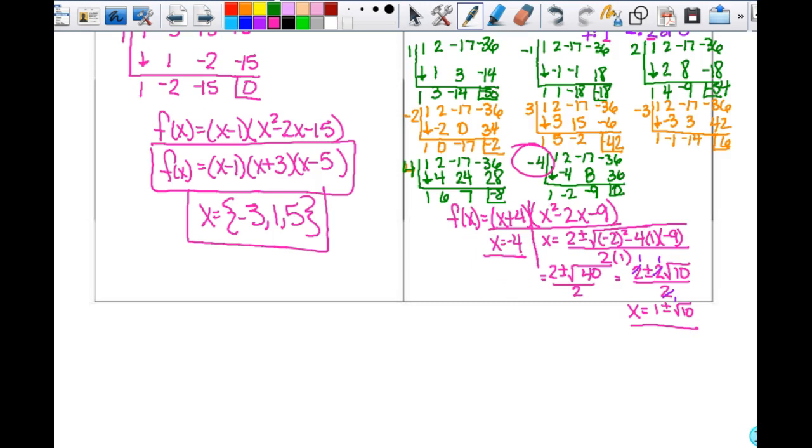Okay, and be careful here. Some of y'all were putting this plus or minus in a weird place. Clearly not a clue on how to reduce that, so don't be making things up. So my zeros are negative 4 and 1 plus or minus the square root of 10.